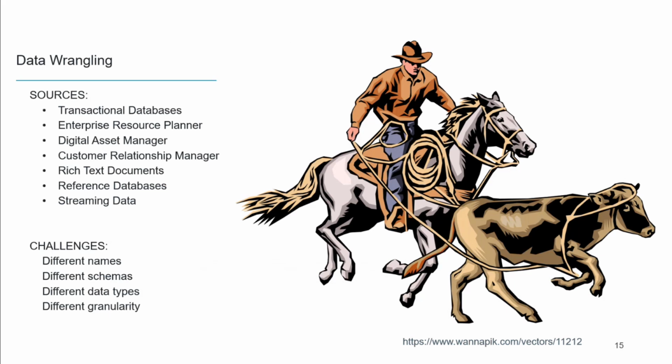So let's say you've decided how you want to implement your Fabric implementation, and now you're ready to bring data together from a variety of different sources. What do some of those sources look like? You can have transactional databases. A transactional database would be a database underlying a web application, and it can also be the kind of database underneath an enterprise resource planner.